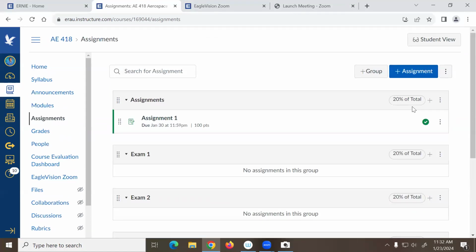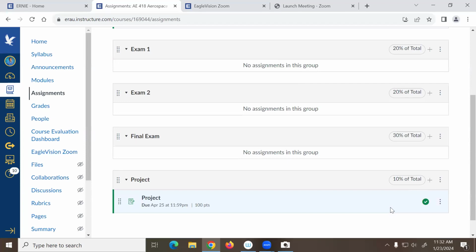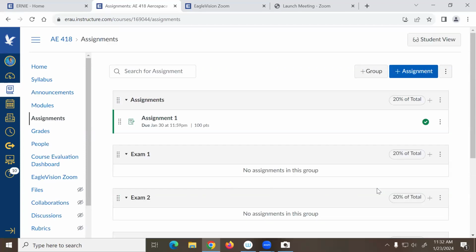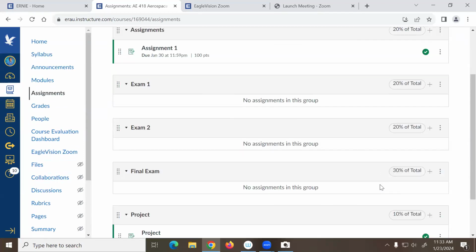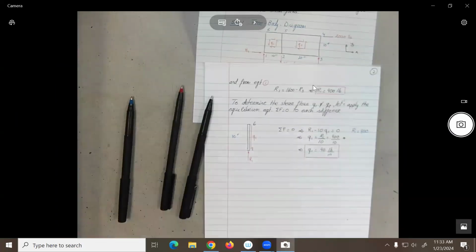So basically, maybe you have seen this stuff: 20% on the assignments, 20% exam one, 20% exam two, 30% the final exam, and 10% the final project. I think that's what you're interested in, no? What the college is trying to do, to tell the truth, is that independently of the different sections for the same course, everybody should have the same grade distribution, but they are not doing it on this course, okay? I'm not in favor of it, to tell the truth, but it is not up to me. So anyway, just wanted to point that out.